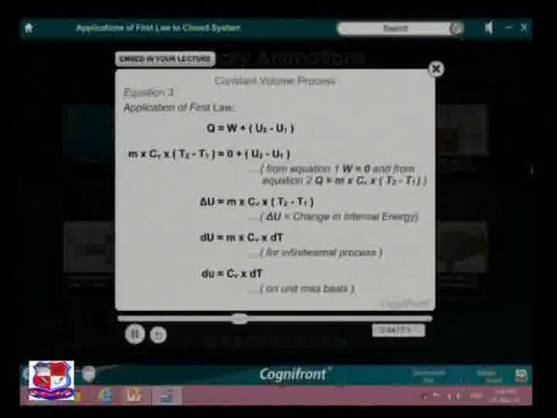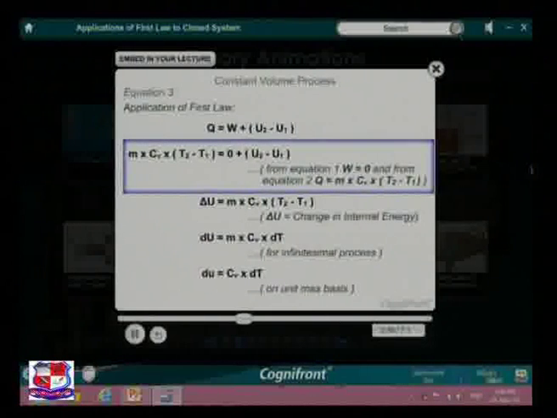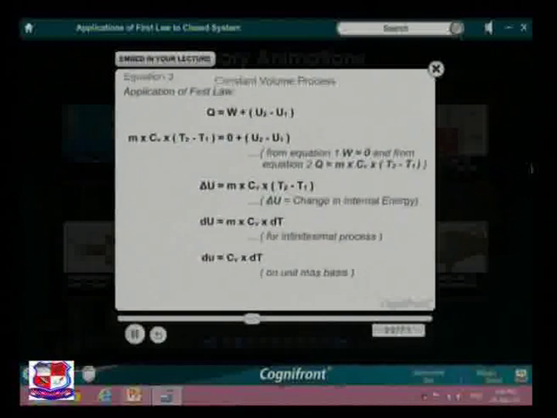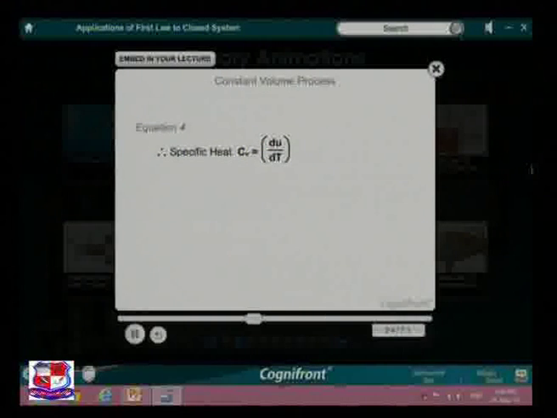Observe that, however, from equation 2, Q equals to. On deriving the given equation, finally we get the equation for specific heat, that is equation number 4.